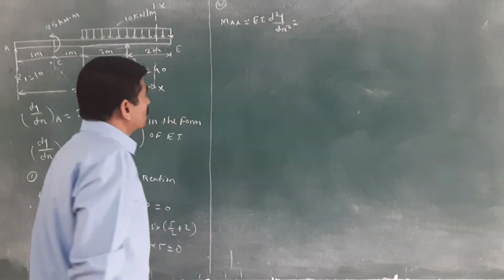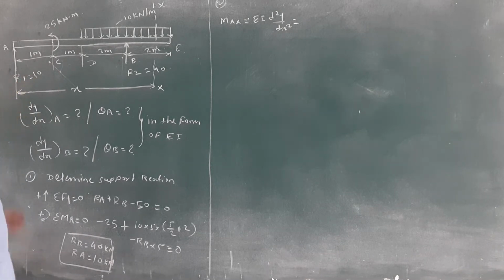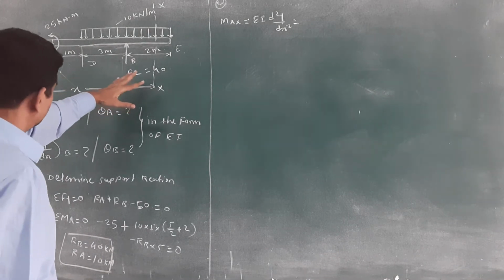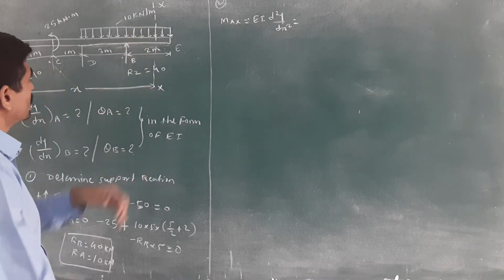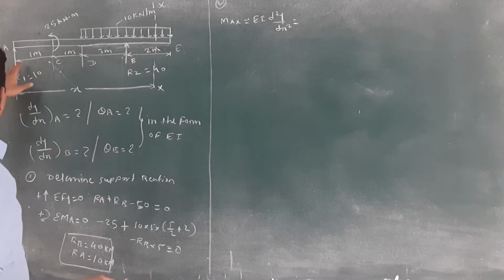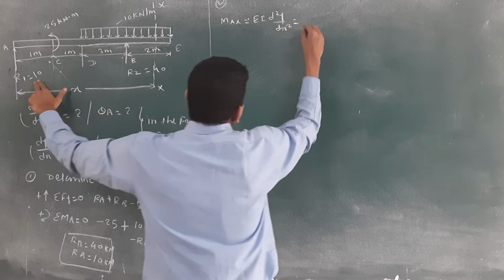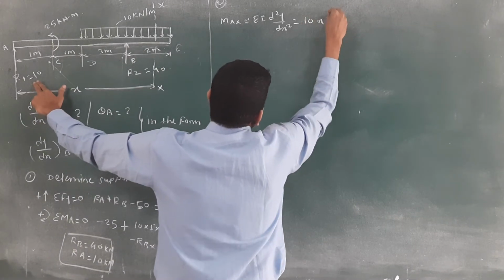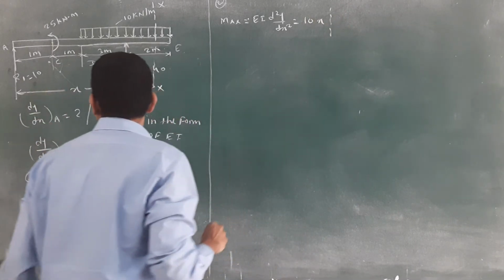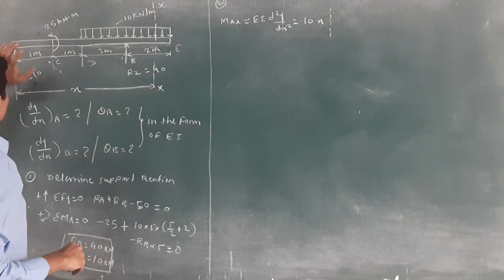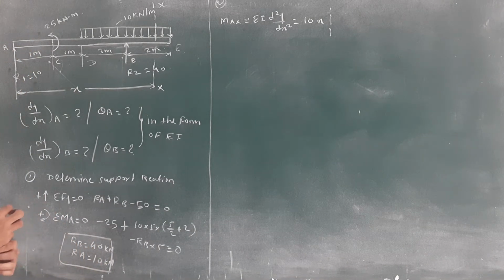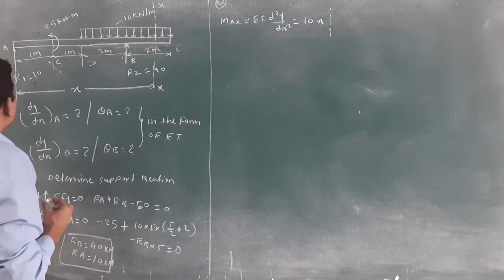We know this equation. With the help of that, take the moment about section XX. Then check that this Ra or R1 is going clockwise, that's why 10 into x. This is the first compartment. Make the compartment, then write the moment there.